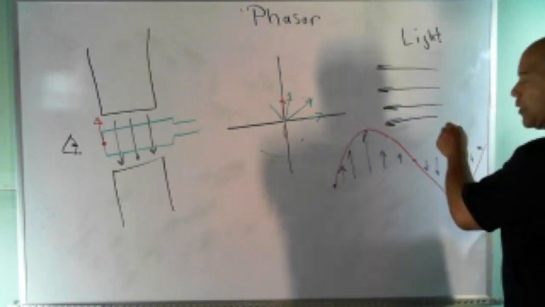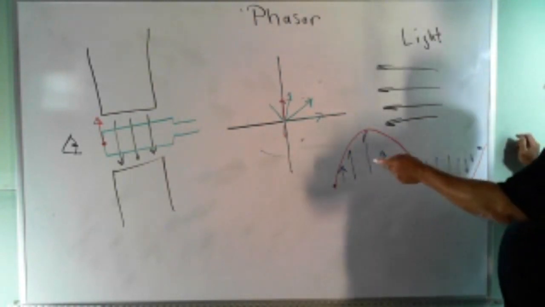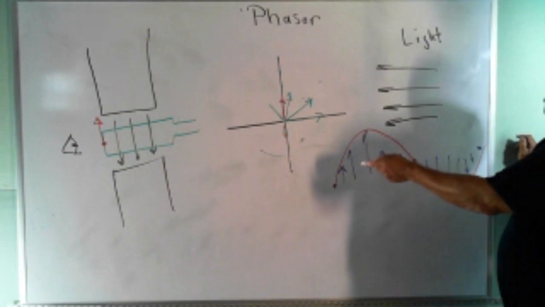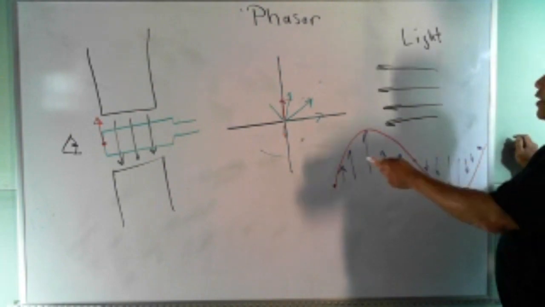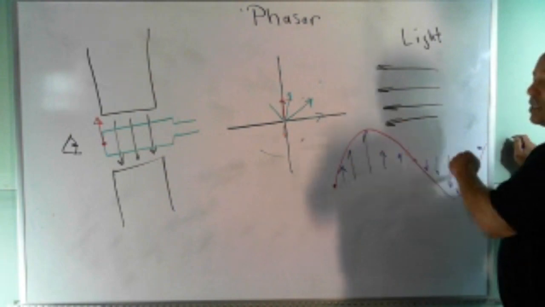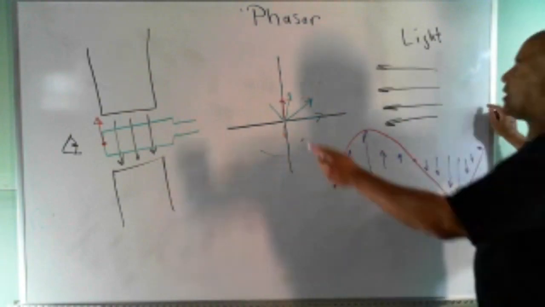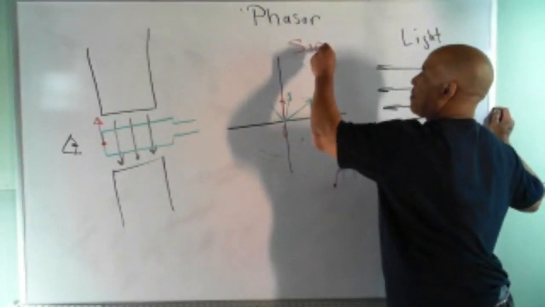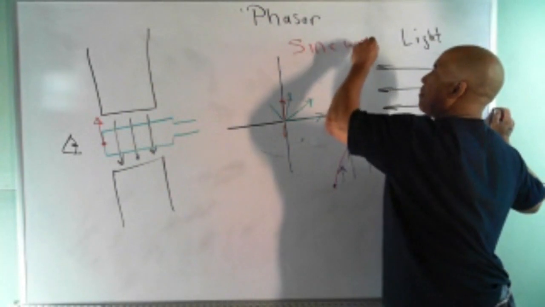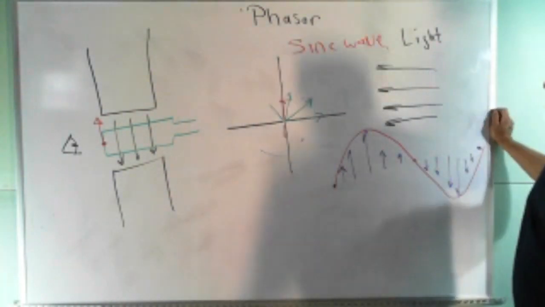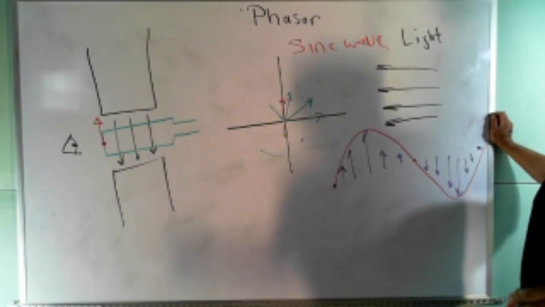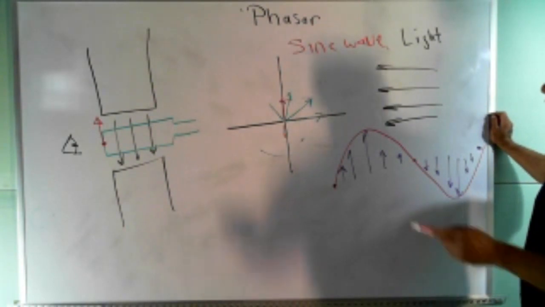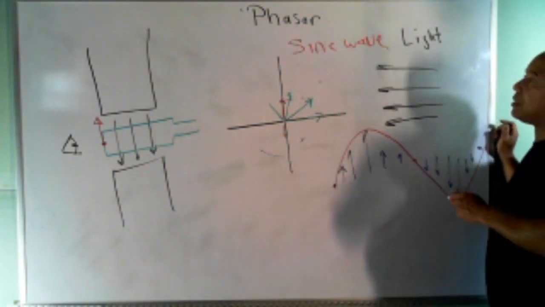And so if the force looks like this, then the voltage created by the force is going to look like that, and the current created by that voltage is going to look like that, and that is a sine wave. A sine wave. So the AC created by a rotating machine is sinusoidal.